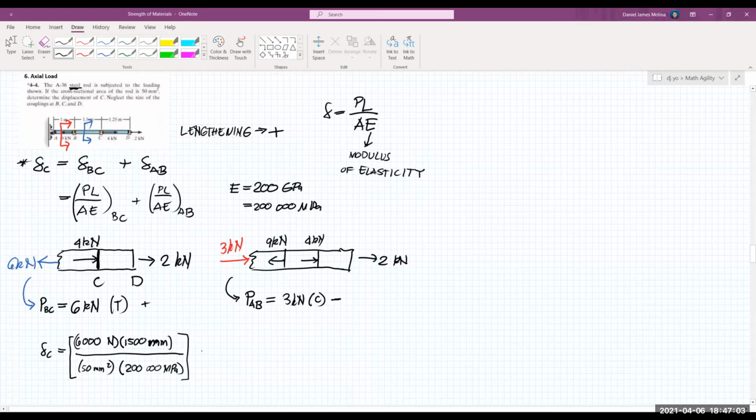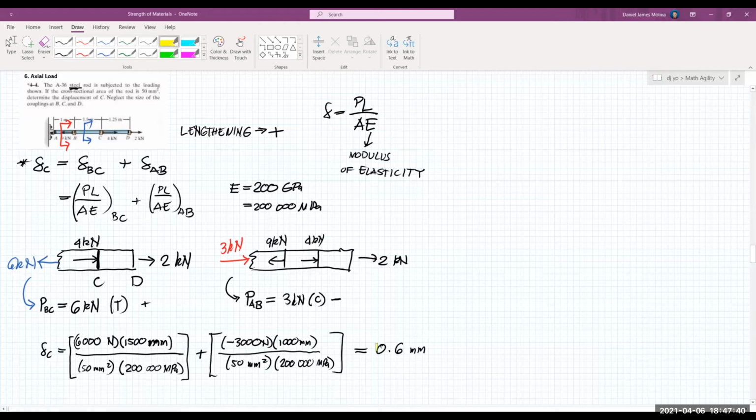And then we have plus the deformation of member AB: the force on AB, negative 3,000 newtons, times the length of AB, 1,000 millimeters, divided by the area, 50 square millimeters, times the modulus of elasticity, 200,000 megapascals. So simplifying, the value is positive 0.6 millimeters.